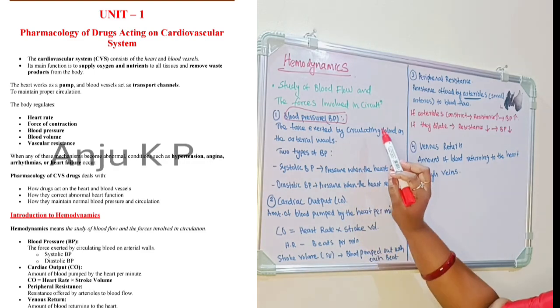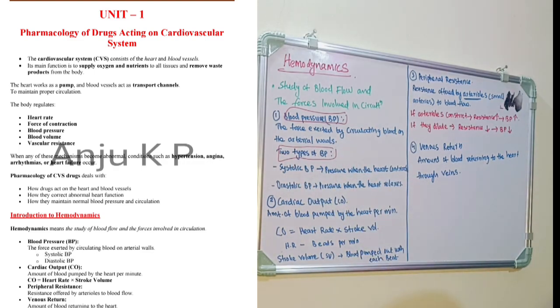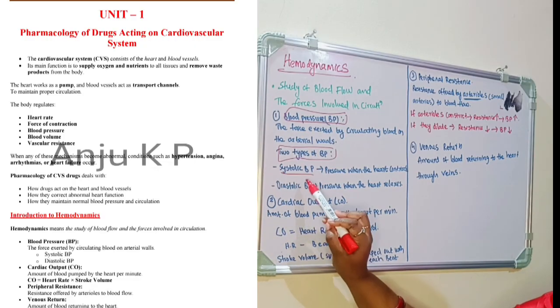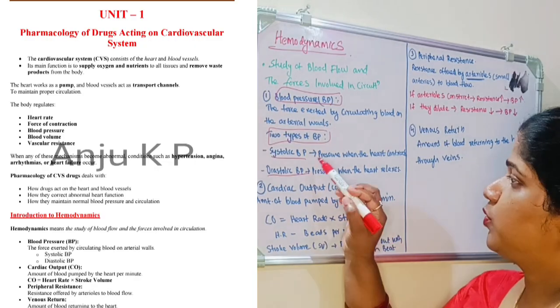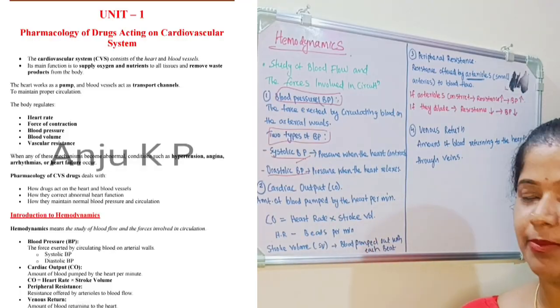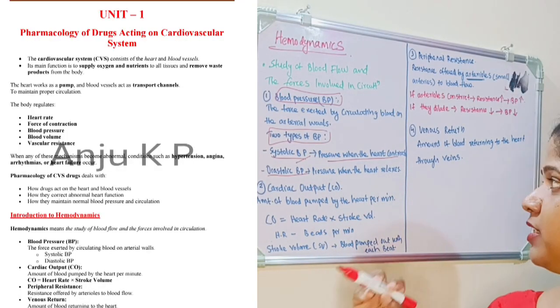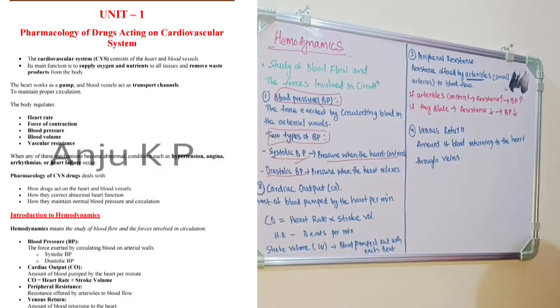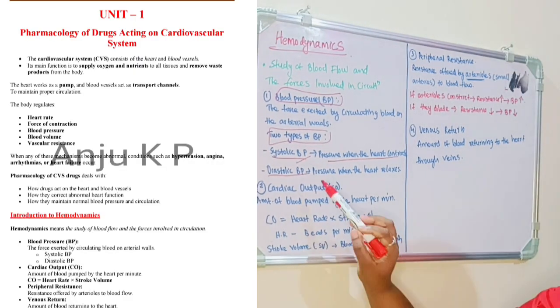We have two types of blood pressure: systolic and diastolic. Systolic blood pressure is the pressure when the heart contracts.